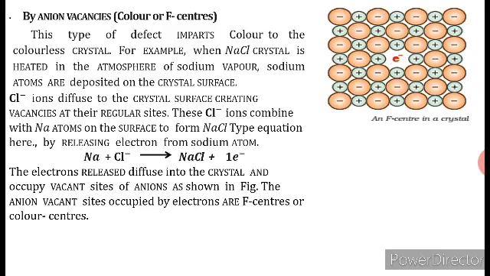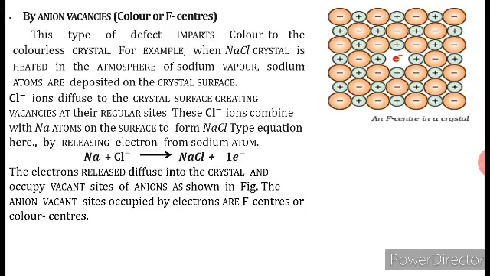In pure sodium chloride crystal, the ratio of sodium cation and chloride anion is 1:1. But here, due to presence of anion vacancy, due to presence of F center, the number of anions is reduced compared to the number of cations.